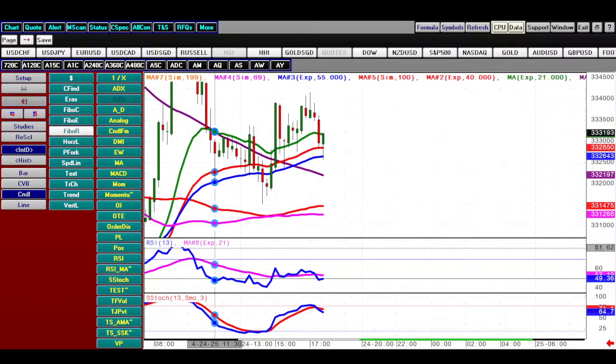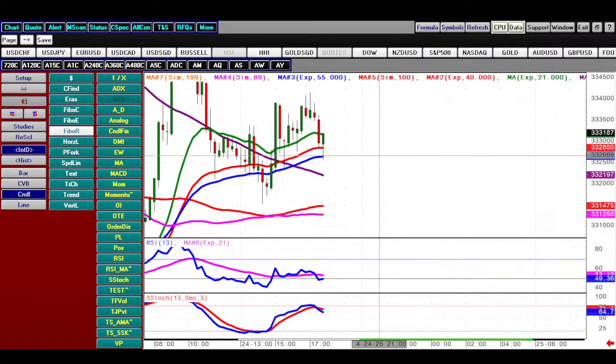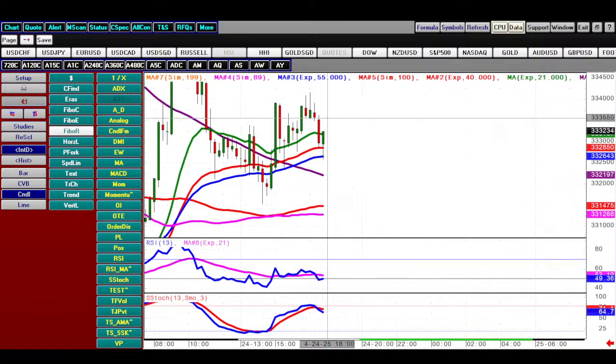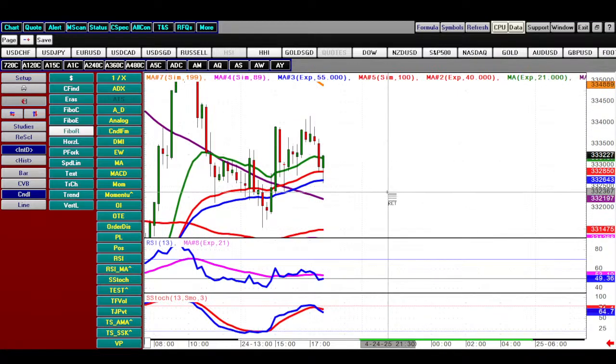So maybe one more we can do dollar Swiss. Okay, dollar Swiss. So the gold, okay, the gold is right now, this is coming up again.